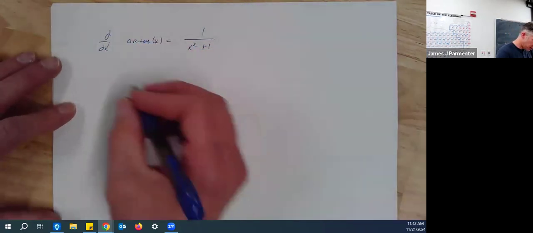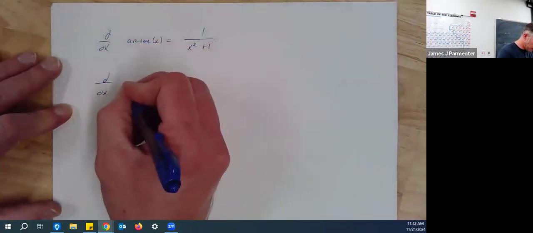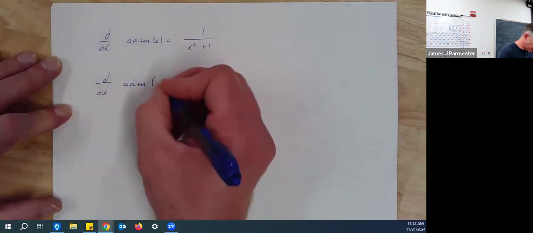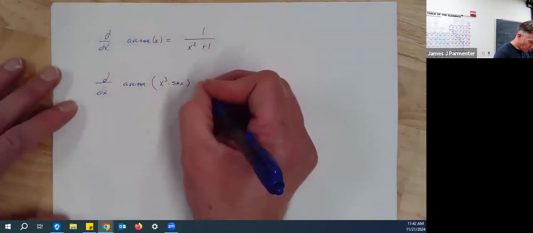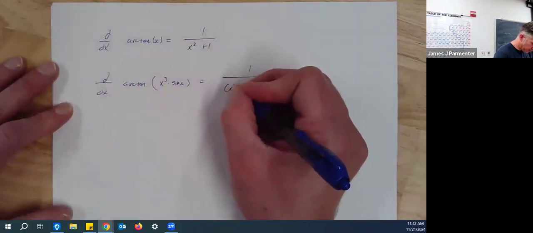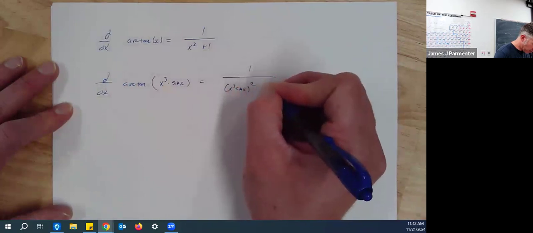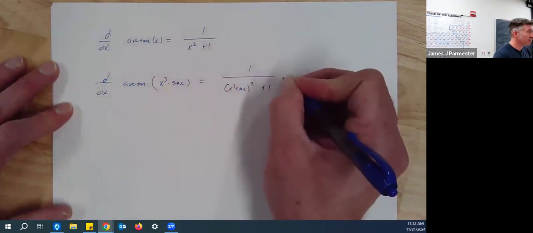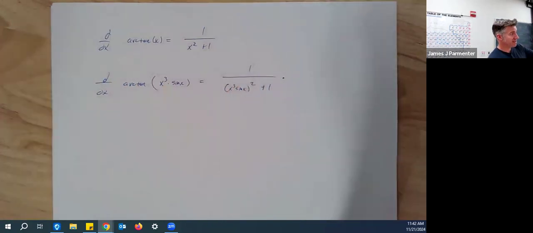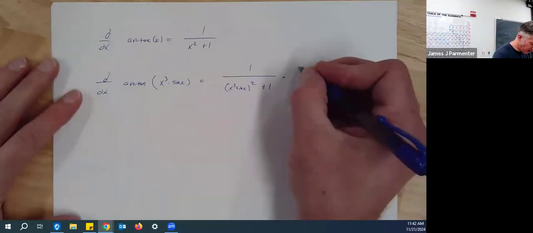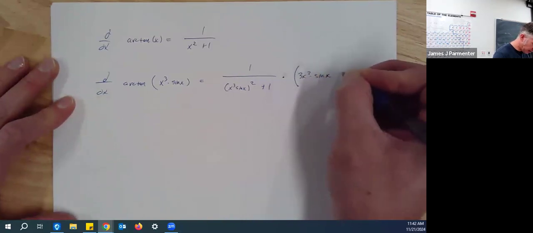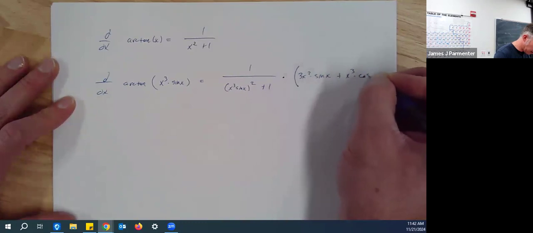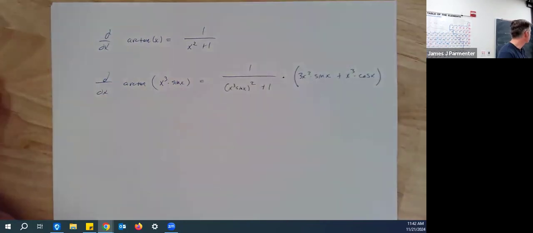And so more generally, the derivative of the arc tangent of some stuff like x cubed times sine of x would be 1 over the stuff squared plus 1 times the derivative of the stuff. So we have to use the product rule and get 3x squared times sine of x plus x cubed times cosine of x.